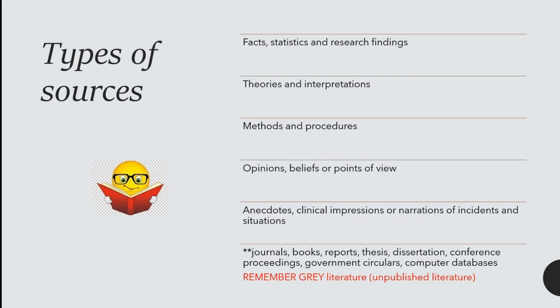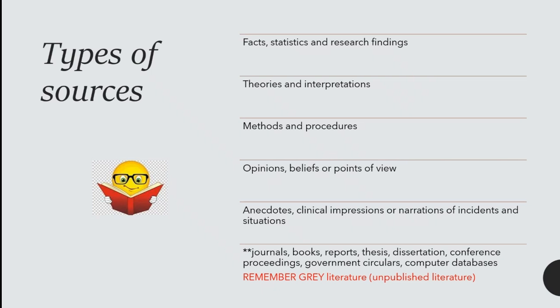And then grey literature is a literature that might come up in more general publications. It might be research-based, it might not be, but these are generally unpublished literature or other sources of data.